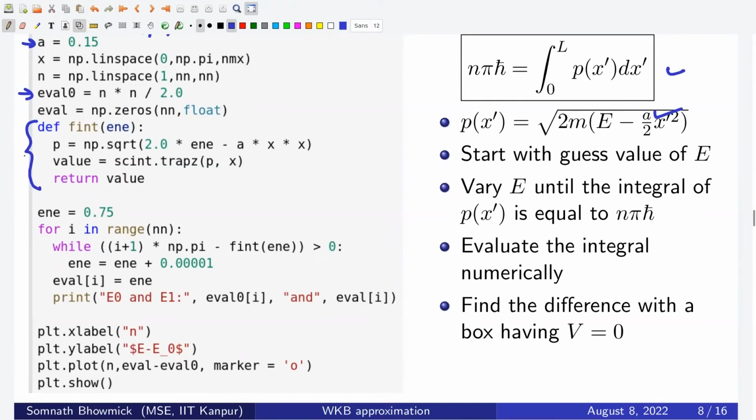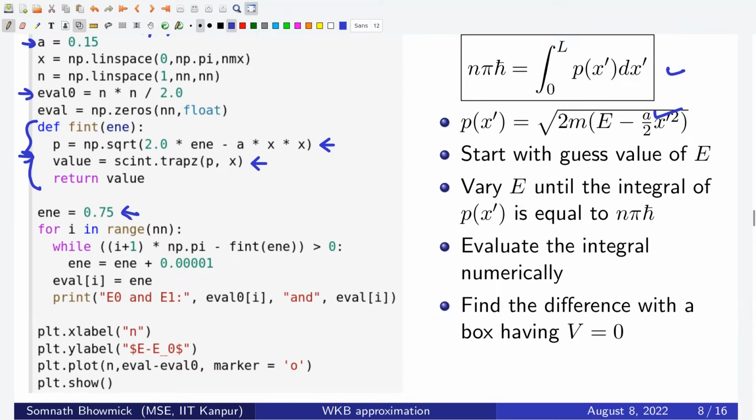We have a user-defined function which evaluates the momentum integral over the 1D box. P is the momentum. In this step, we calculate the momentum integral. We start with a guess value of energy, 0.75.